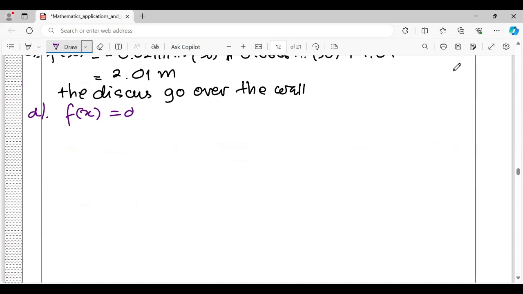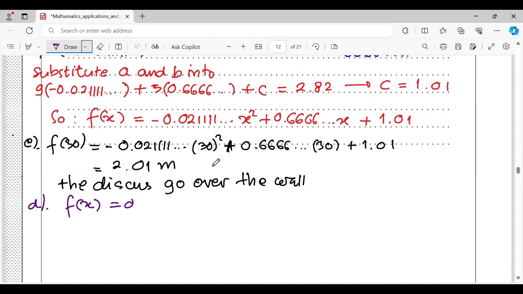So this equation we can write as f(x) equals minus 19 over 900 x squared plus 2/3 x plus 101 over 100, and it equals 0.